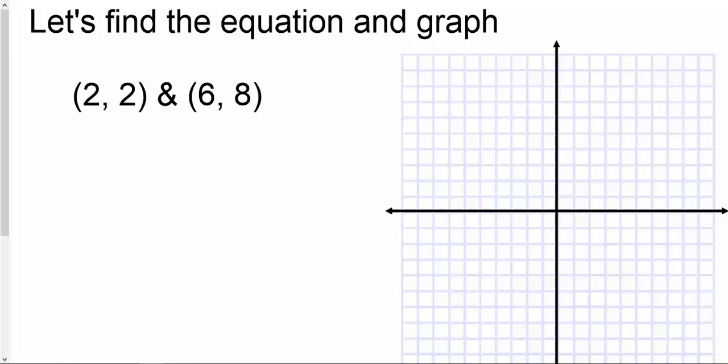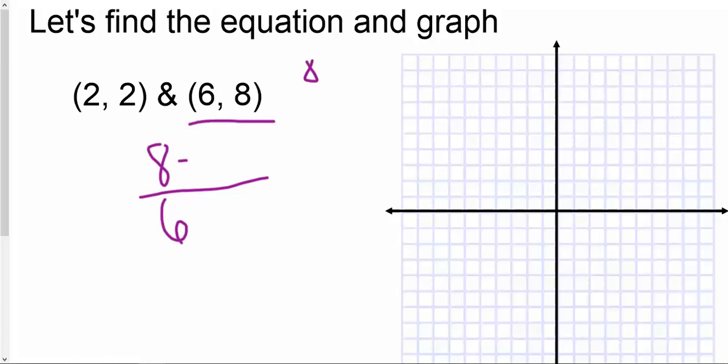The first thing I'm going to do is take these 2 points and find the slope. The first step is figuring out which point you actually want to use. I'm going to use this point first because it has bigger x and y values, so I know I'll be dealing with fewer negatives. If you use 2, 2, it'll also work, but it's up to you. I like to start off with 6 over 8, so that I know I've lined up my y's over my x's.